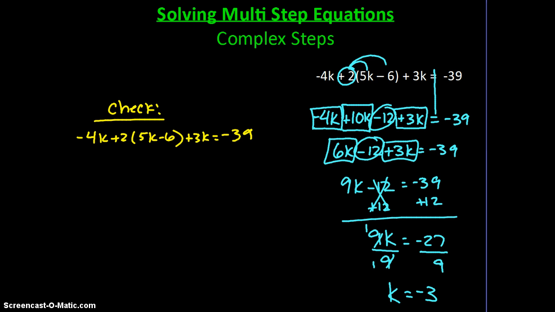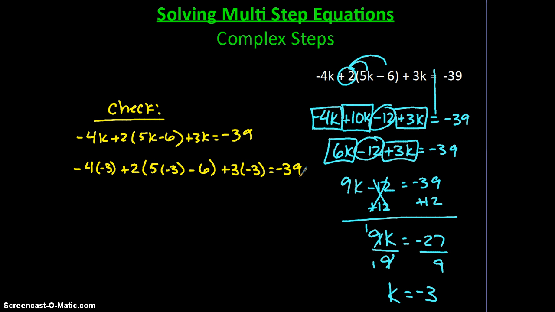Okay, so now we're going to go through the check on this. We're going to substitute in this negative 3 every time we see that k. So I have negative 4 times that negative 3 plus 2 times the quantity 5 times negative 3. And I'll use another parenthesis inside this parenthesis just to make it a little bit easier. And then plus 3 times negative 3 again should equal negative 39.